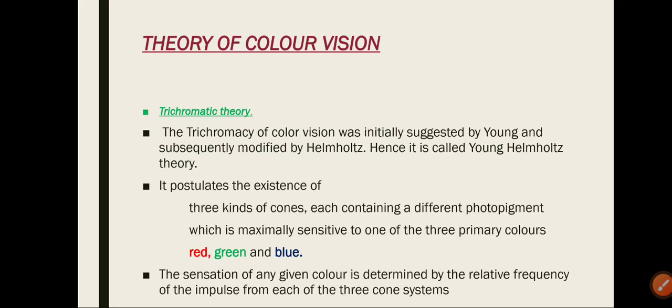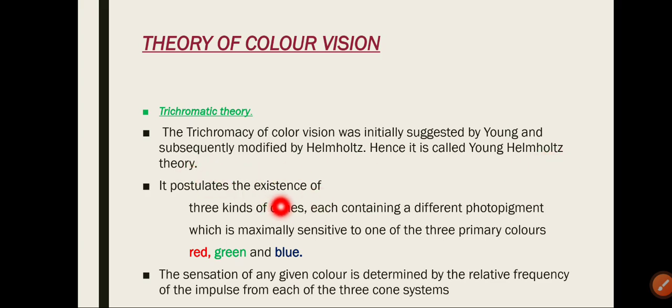Theory of color vision. The important theory of color vision is the trichromatic theory. The trichromacy of color vision was initially suggested by Young and subsequently modified by Helmholtz. Hence, it is called the Young-Helmholtz theory.